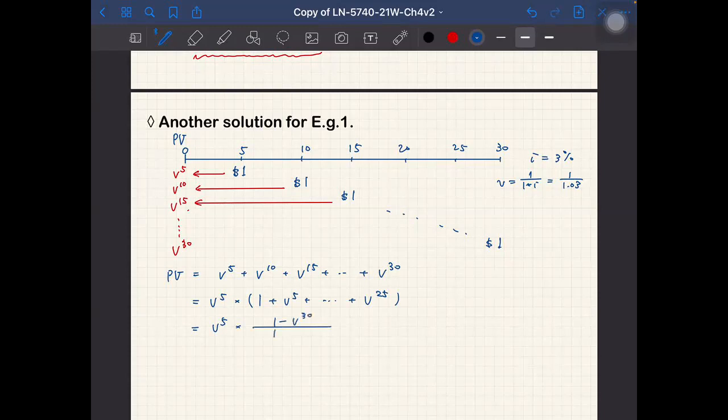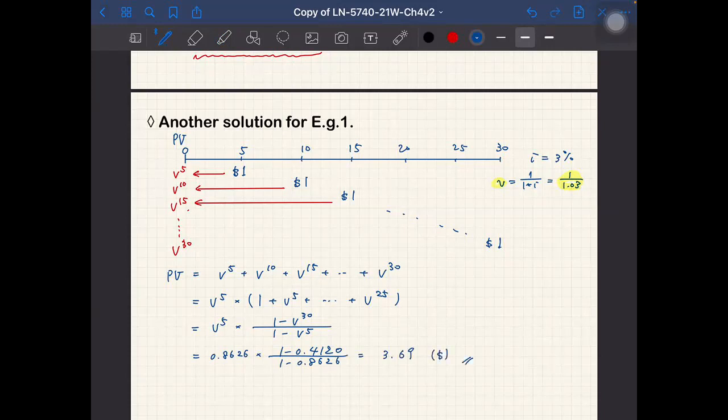So if you plug in v equal to 1 over 1.03, v to the 5th power becomes 0.8626, and v to the 30th power becomes 0.4120. So in total, this becomes 3.69. So again, we got the same answer.